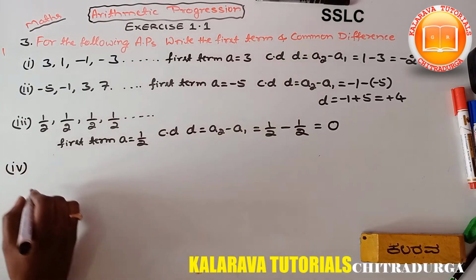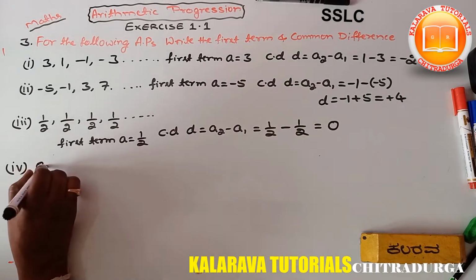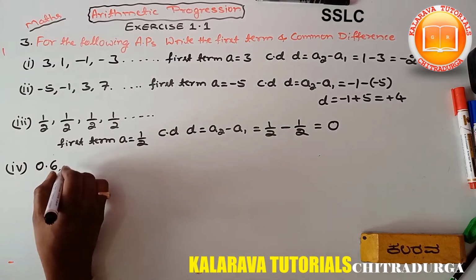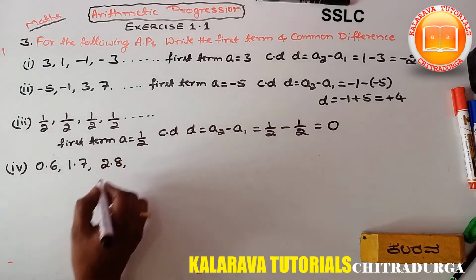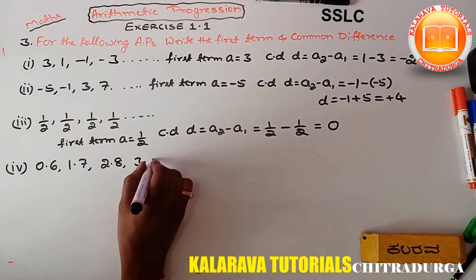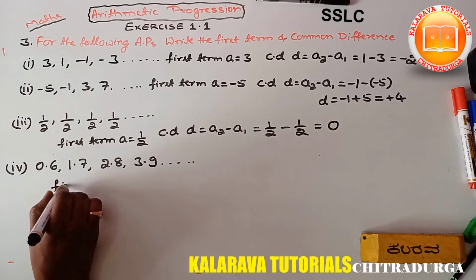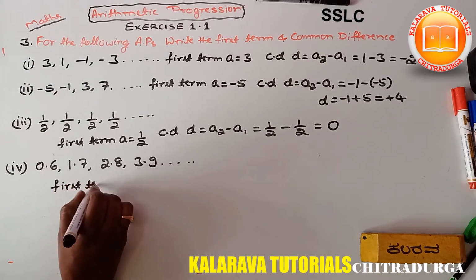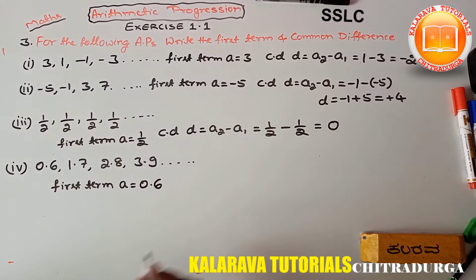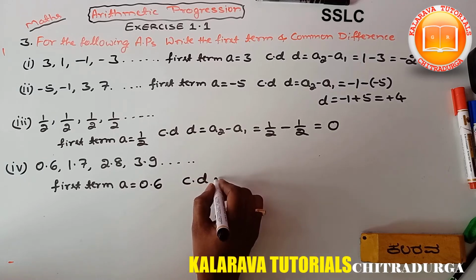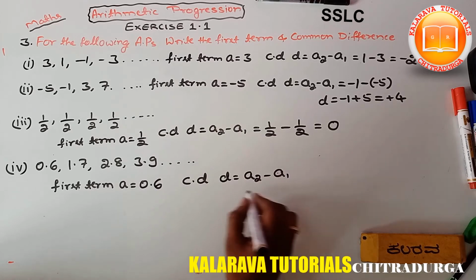And in the fourth problem, they have given the terms 0.6, 1.7, 2.8 and 3.9 and so on. Here we have to write the first term. The first term A is equal to 0.6, and for finding the common difference, D is equal to A2 minus A1.